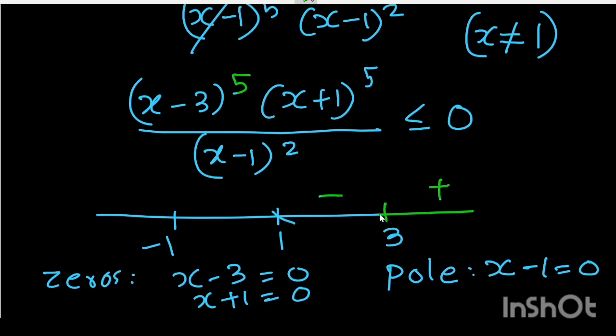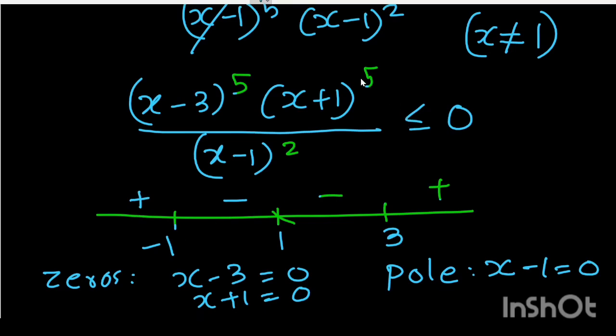Now moving further at 1, where the power is even, which is 2, this sign will remain minus only. And now as you move further, crossing minus 1 where the power is 5, which is odd, in the interval from minus 1 to minus infinity the sign will change and it will become plus.